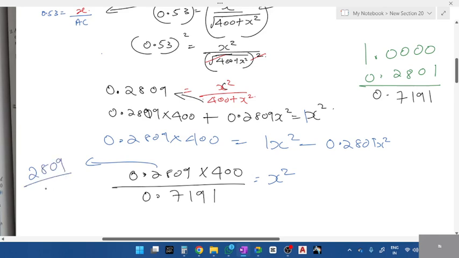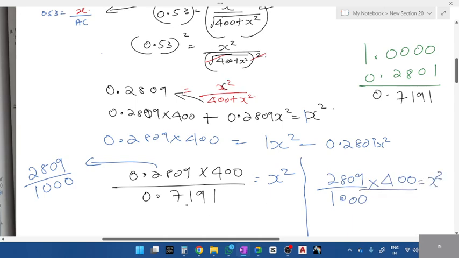2809 divided by what? In order to remove the decimal, 100 or 1000? Unmute the call. Divided by 1000. I'll write the calculation here. 2809 divided by 1000. I'll keep 400 as it is. What about 0.7191? If you want to remove the decimal, it becomes 7191 divided by 1000.